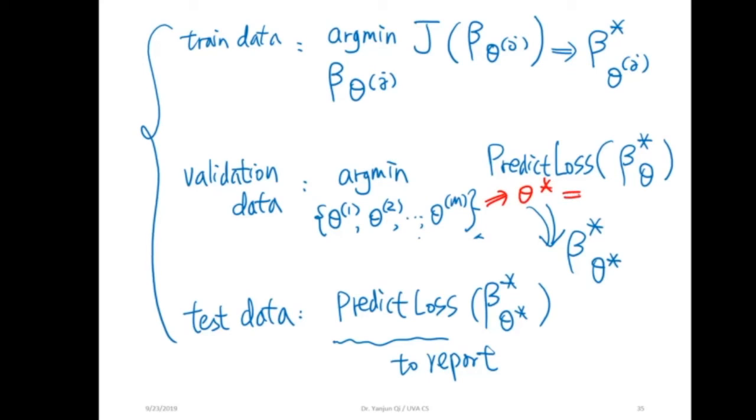Then you use theta star to retrain on both data M1 and data M2. And that gives you this. This is just repeating all this, but you're going to understand what I'm saying when you code that polynomial regression task.